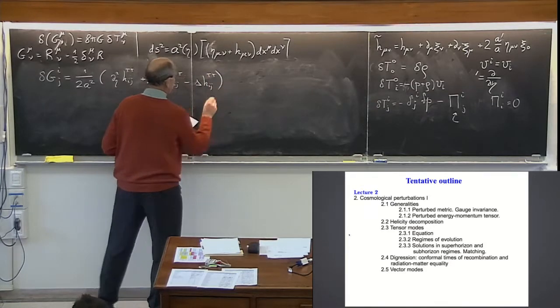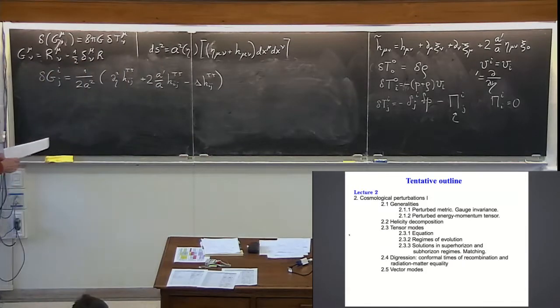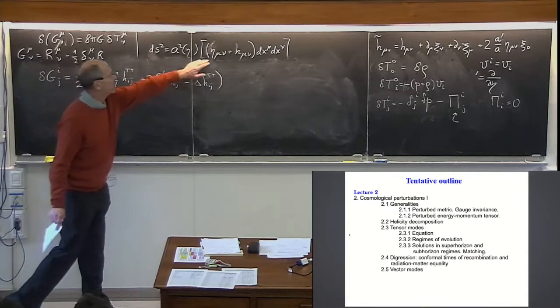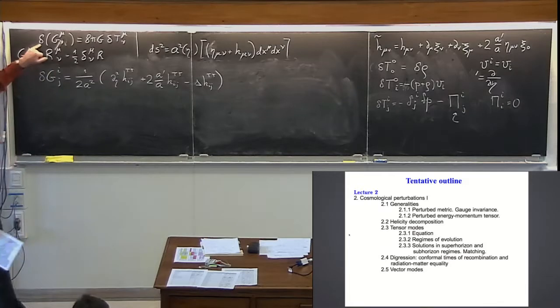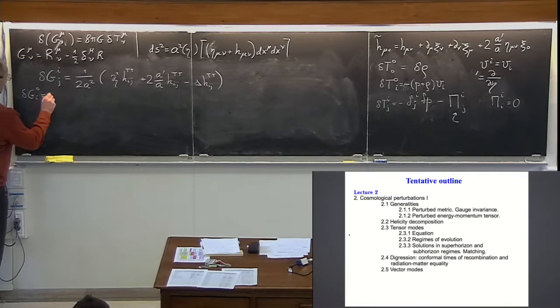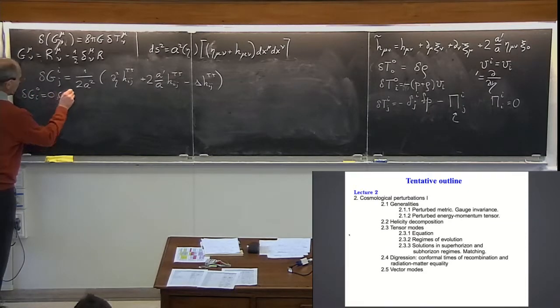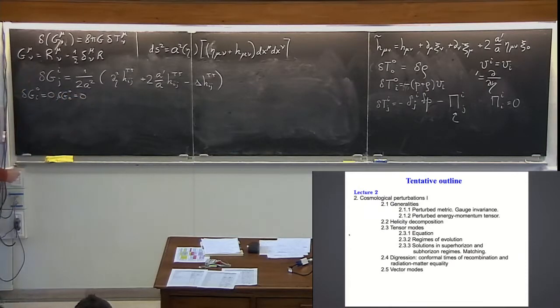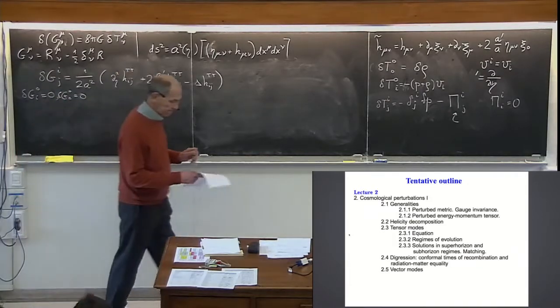That's all. So you plug this expression into the linearized Einstein tensor and you obtain this. And clearly delta G_0i is 0 and delta G_00 is also 0, because this is a vector, this is a scalar. You can't construct a vector out of a transverse traceless tensor or a scalar.